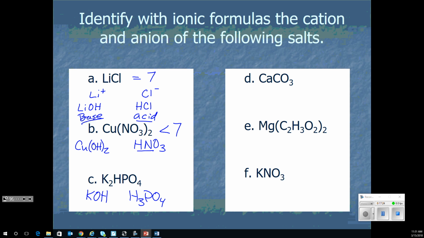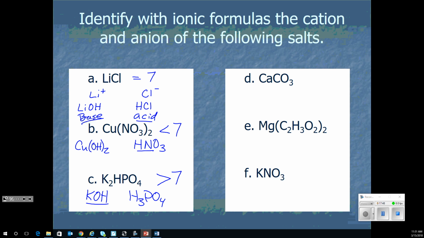We'll just call it H3PO4. Are either one of these strong acids or bases? Potassium hydroxide strong. Is the phosphoric acid strong? No. So this one is a strong base. So because of that, this one is going to be above 7 as far as a pH when I dissolve it in water.